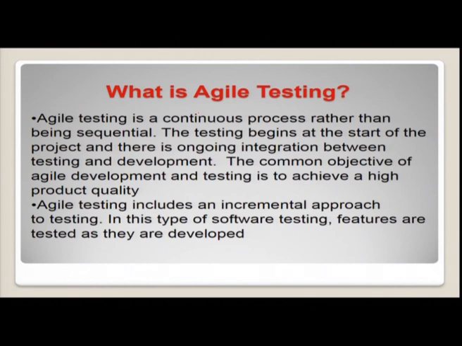So, agile testing is a continuous process rather than being sequential. The testing begins at the start of the project and there is ongoing integration between testing and development. The common objective of agile development and testing is to achieve a high product quality.